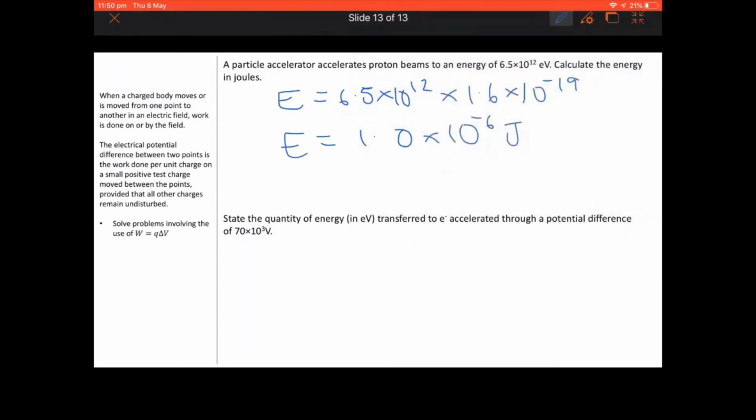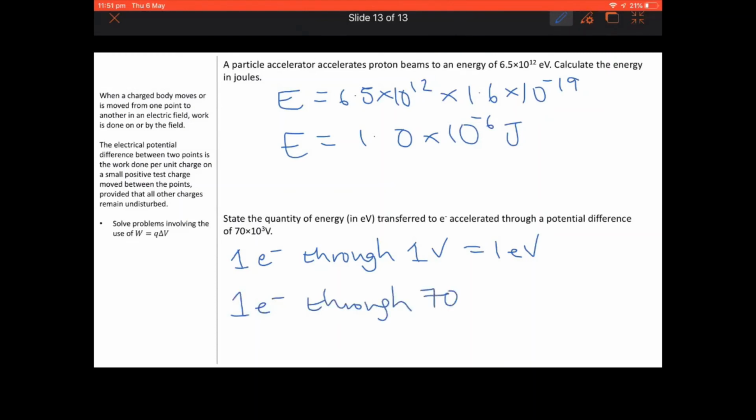So the way that I'd think about this is if 1 electron through 1 volt is equal to 1 electron volt, then 1 electron through 70,000 volts is going to be 70,000 electron volts.